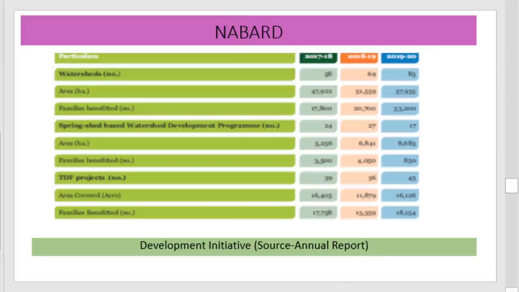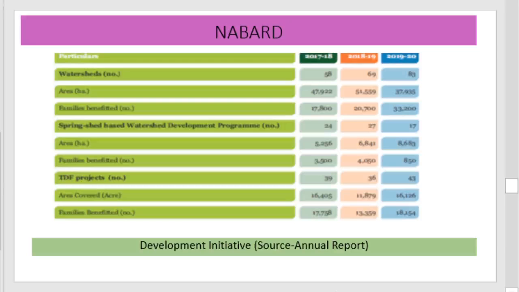The development initiatives of NABARD are given here. Mainly they include watershed development, spring shed watershed development, then TDF functions, etc. These are some of the important development financial functions and watershed development functions.